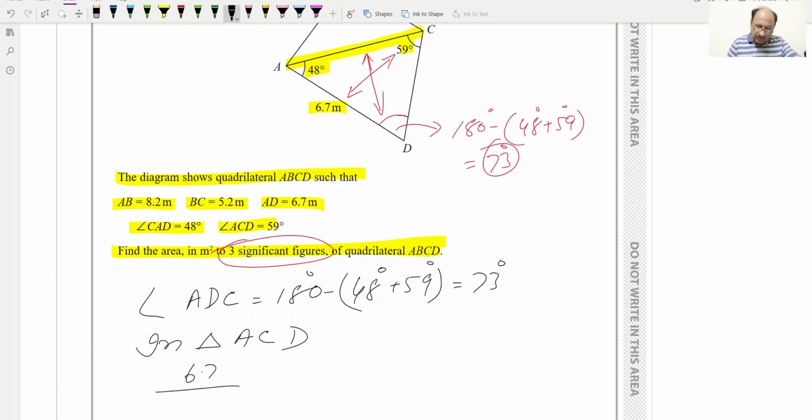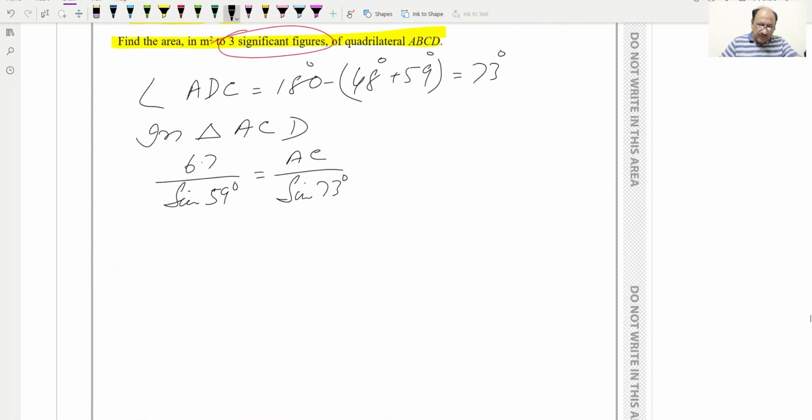By the sine rule, 6.7 over sine of 59 degrees is equal to AC over sine of 73 degrees. Now AC will be equal to 6.7 sine of 73 degrees divided by sine of 59 degrees.